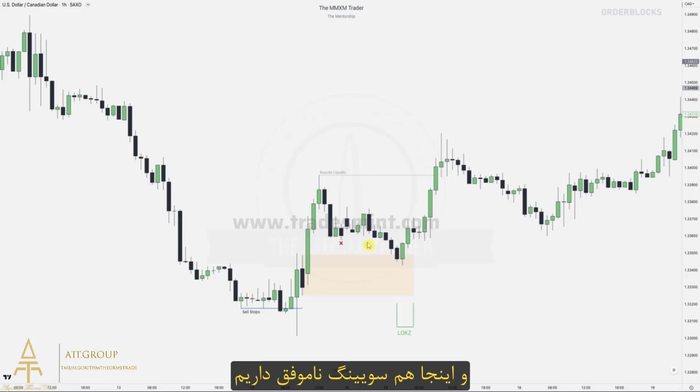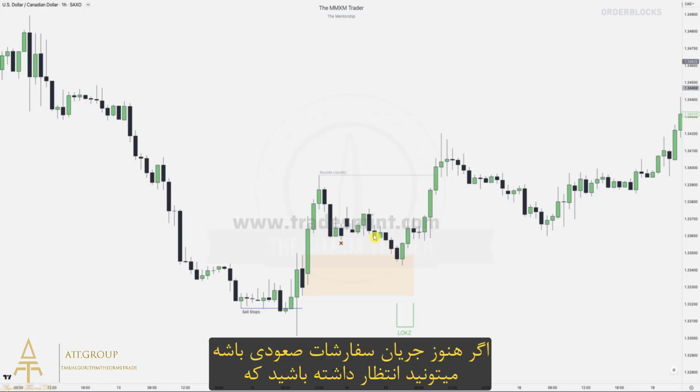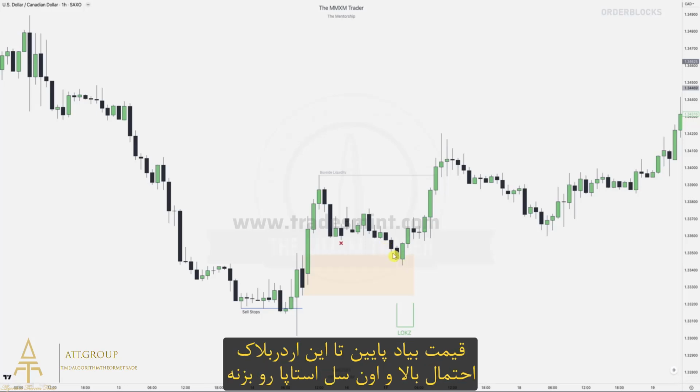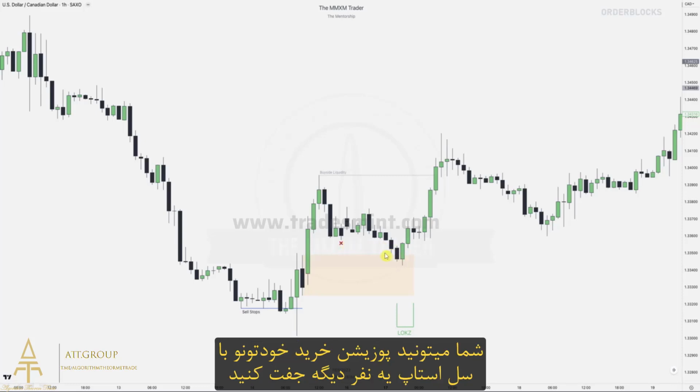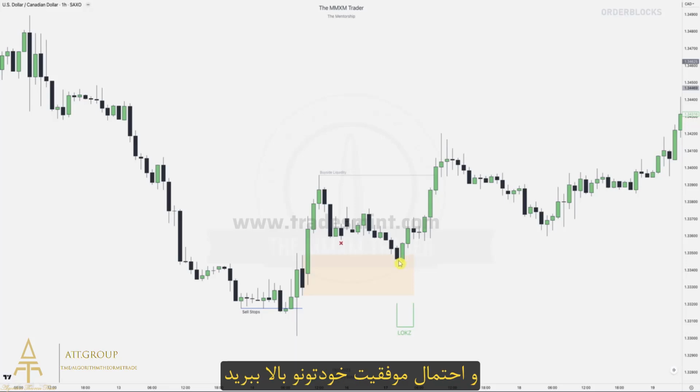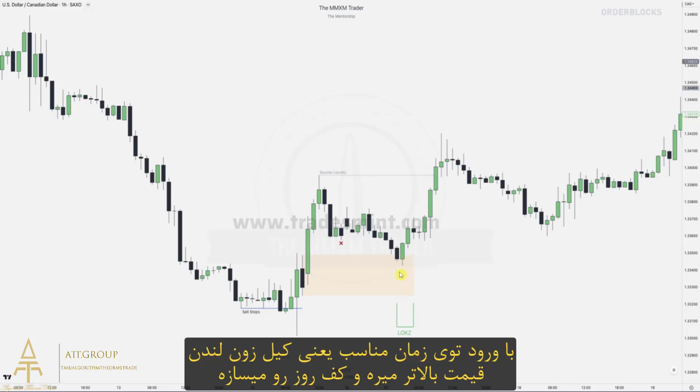These lows, this failure swing down here, you can expect, if order flow is still bullish, of course, they drop into this high probability order block, taking out those sell stops, and you can couple up your buy with someone else's sell stops, making it higher probability. The correct time, right? London kill zone, pushing up and up and up, creating low of the day.